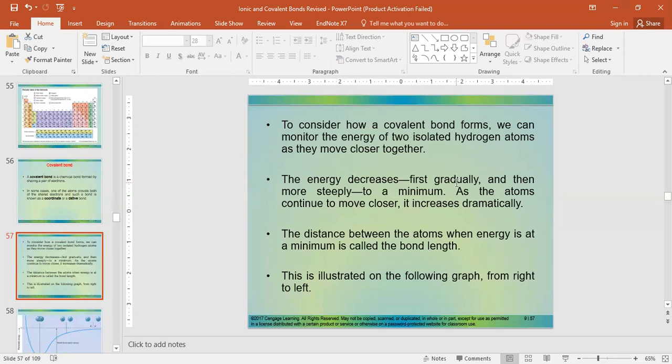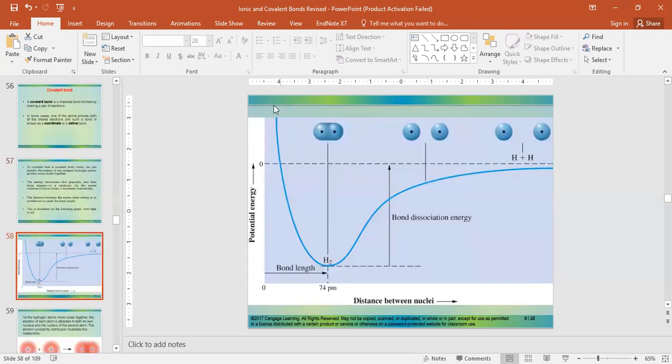And as the atoms continue to move closer, the energy increases dramatically. And the distance between the atoms when the energy is at minimum is what we call the bond length. And all that literature is summarized here. You can see the changes in the energy.